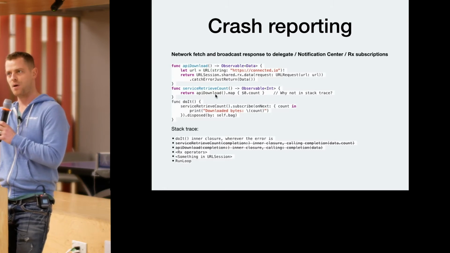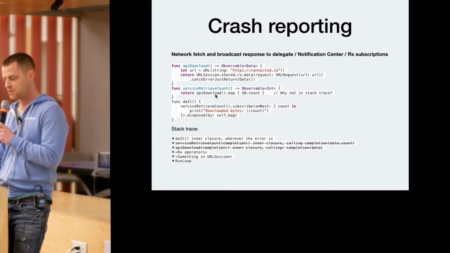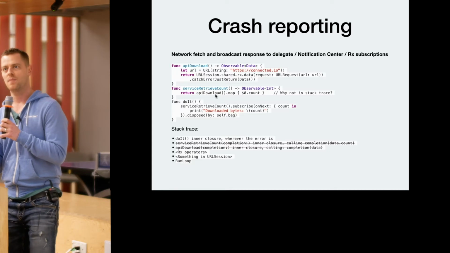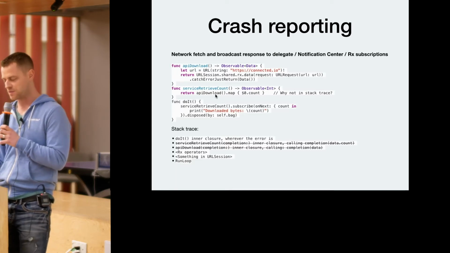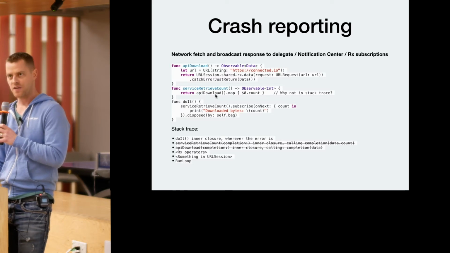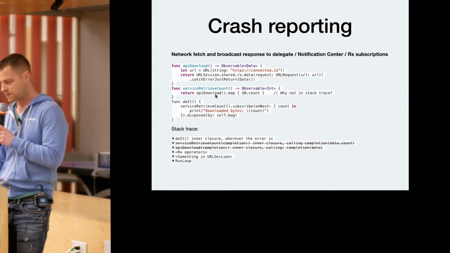So it's not a part of the stack trace. So it can just be a lot more opaque about what's involved when you just end up with a stack trace. But again, that'd be the same thing with the delegate, notification center, listener lists, any other kind of thing.